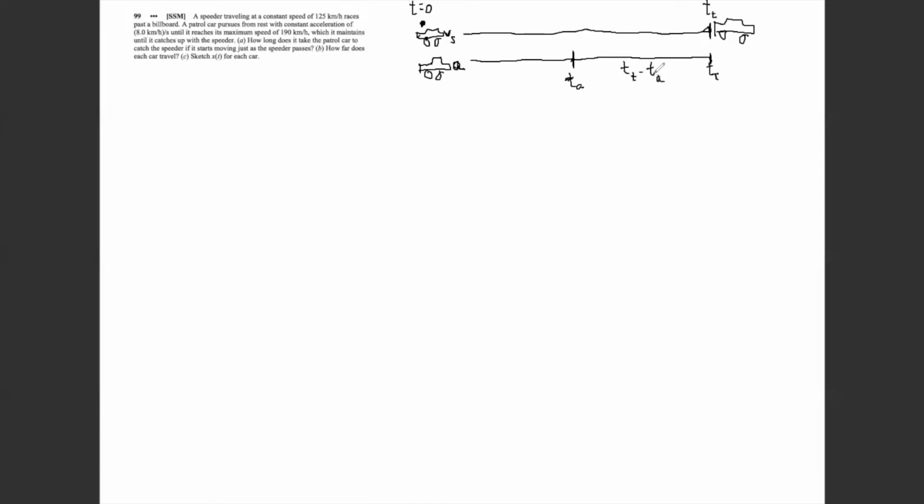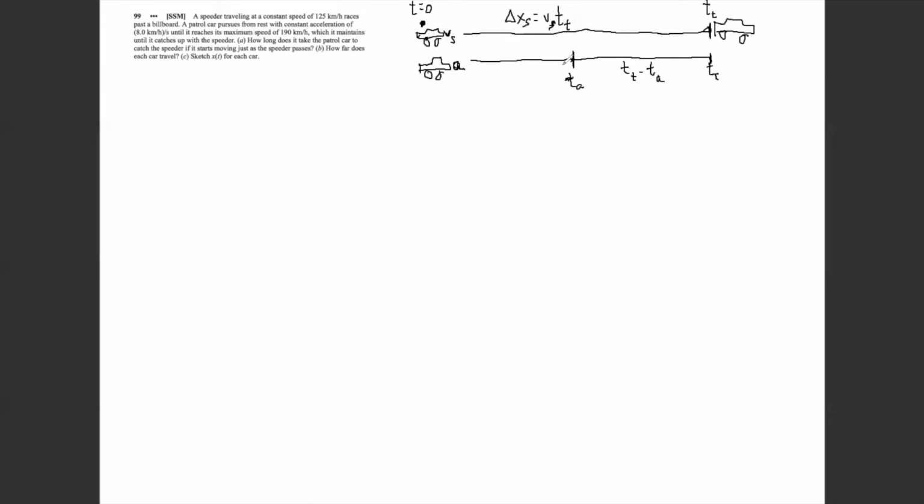And so the question is, what distance do things go while they're doing that? Well, the speeder is moving at a constant speed. So delta X of the speeder is just going to be Vs TT, because it's just moving at a constant speed the whole time.